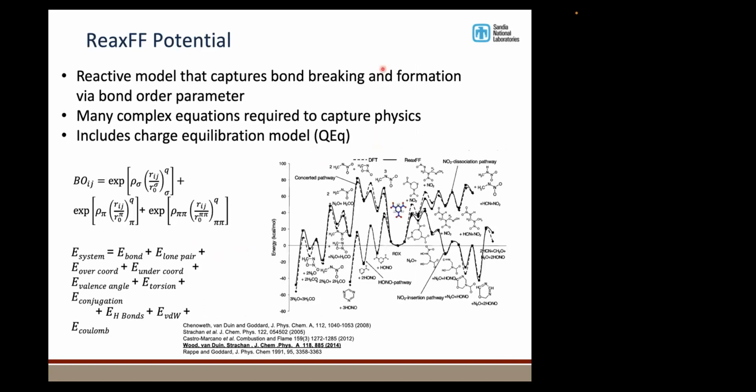Okay, so we talked about Lennard-Jones. It's just a really simple equation. Kind of on the other end of the spectrum, there's the ReaxFF potential, the reactive force field. It can capture bond breaking information via a bond order parameter, but it's extremely complex.